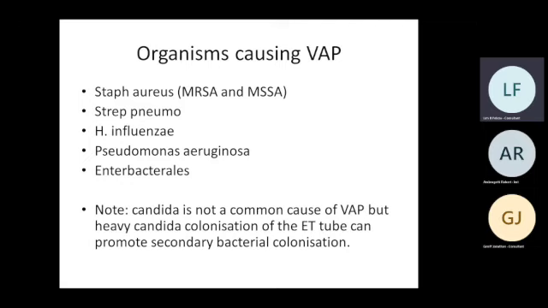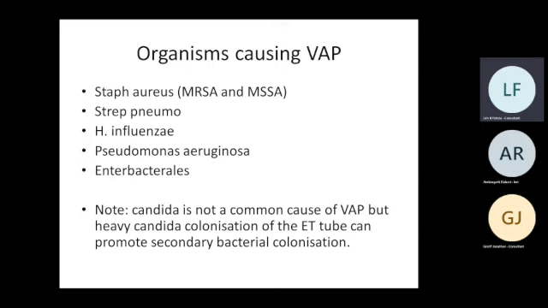However, having said that, because Candida likes plastic as well, it forms biofilm. So if you have heavy Candida colonization of the ET tube, it actually forms a really good surface for secondary bacterial colonization, which then subsequently causes a bacterial ventilator-associated pneumonia.